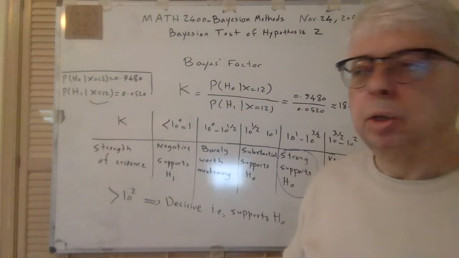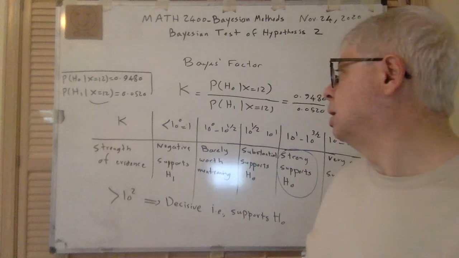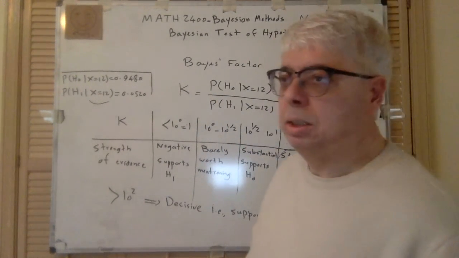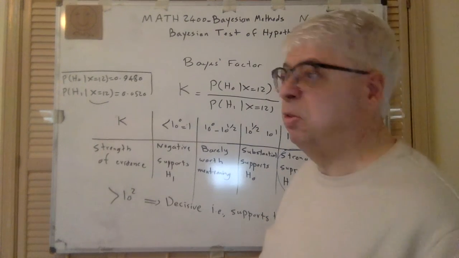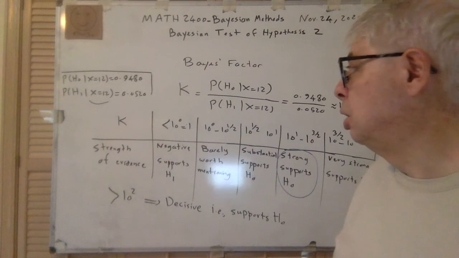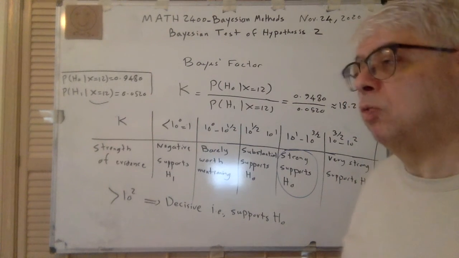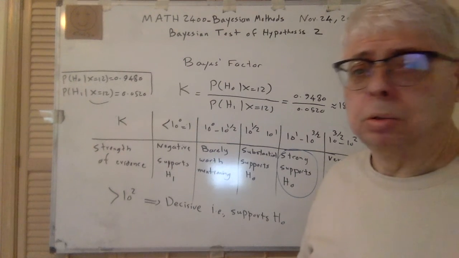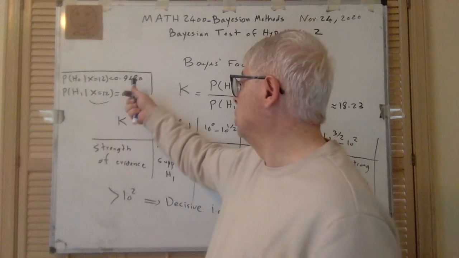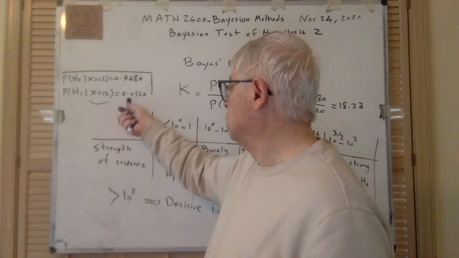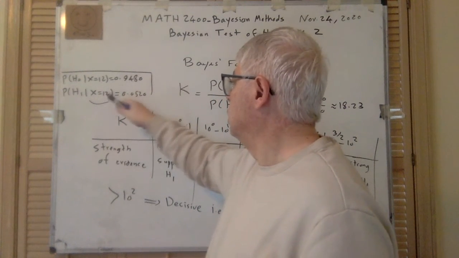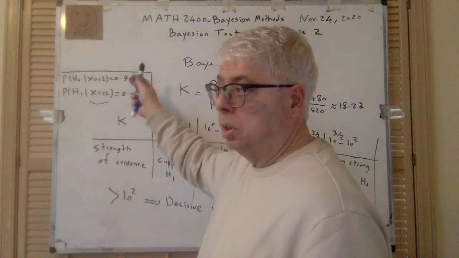But you can see, even by looking at this, that the probability that H0 happens, the null hypothesis, given the evidence, is 0.94. That's like 94%. The other one is 0.05. So really, that's huge. The two should add up to 1.